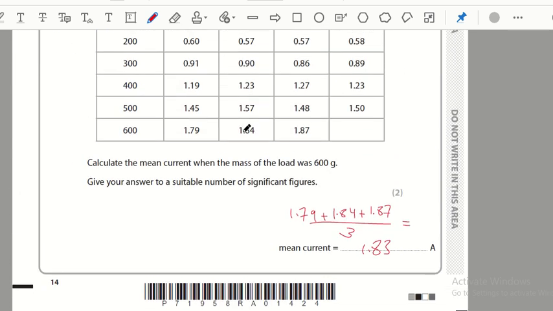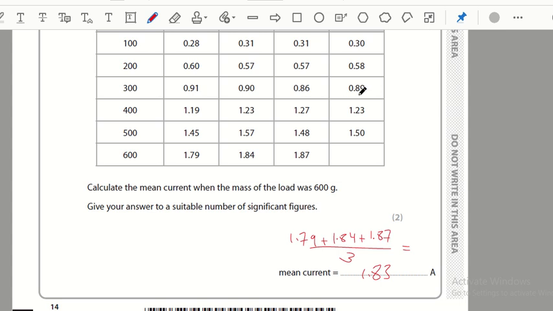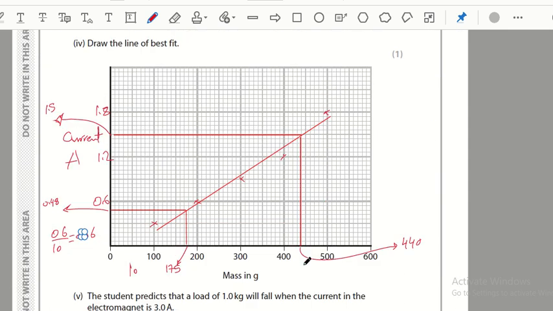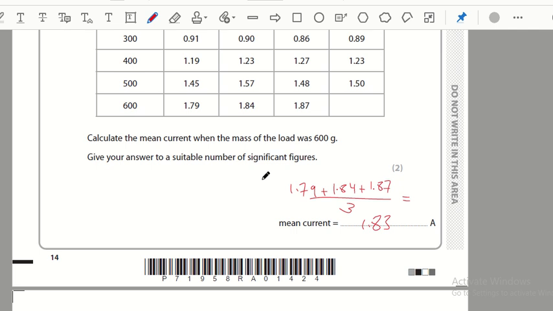For the third point, it is 0.9, so once again it should be easy to plot, because from 0.6 to 1.2 it is 0.6, and half the distance will be 0.3 from 0.6, so it is 0.9, and it is clear.